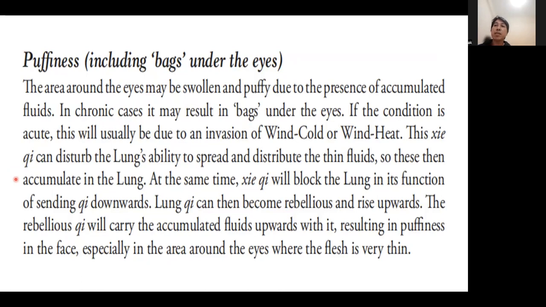At the same time, it will block the lung in its function of sending qi downwards. Lung qi can then become rebellious and rise upwards. The rebellious qi will carry the accumulated fluids upwards with it, resulting in puffiness in the face, especially in the area around the eye where the flesh is very thin.